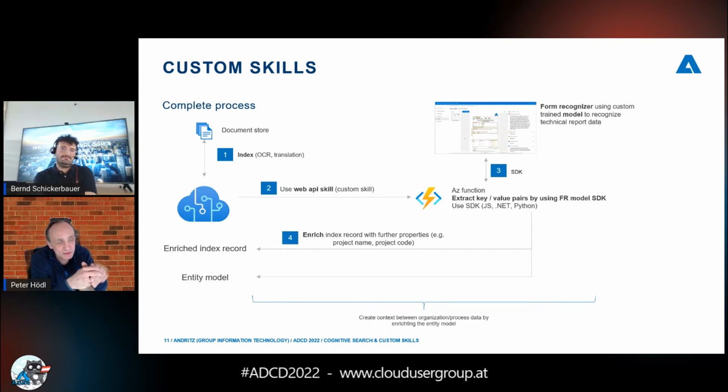So this is the name of the document and the key how to access the document. The Azure function passes this over to the Forms Recognizer, and the Forms Recognizer returns the extracted metadata, and the Azure function translates this back to the web API skill, the custom skill, so that the skill can put it into the skill set.